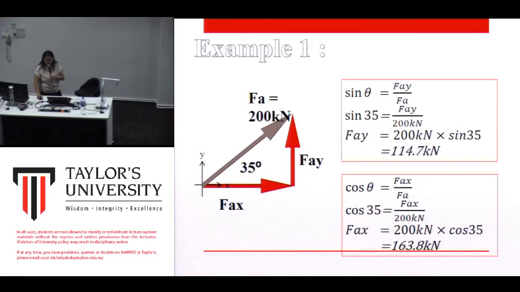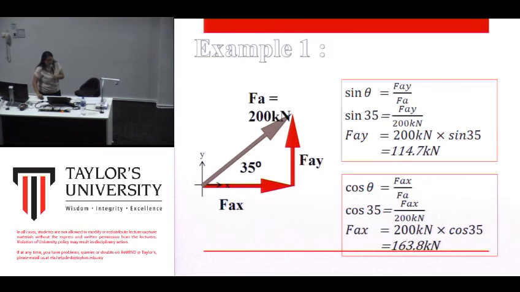Alright? So now, look for the X component. Cos theta equals Fax over Fa. We are using cos because cos involves the adjacent, so the adjacent is our X component. So put in all the info.